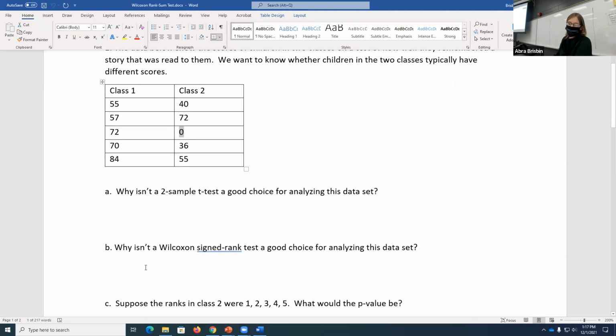How about the Wilcoxon signed rank test that we talked about on Monday and at the start of class today? Why isn't that appropriate here? Isaac? They're not quite like matched pairs. We don't know which ones match up with which.